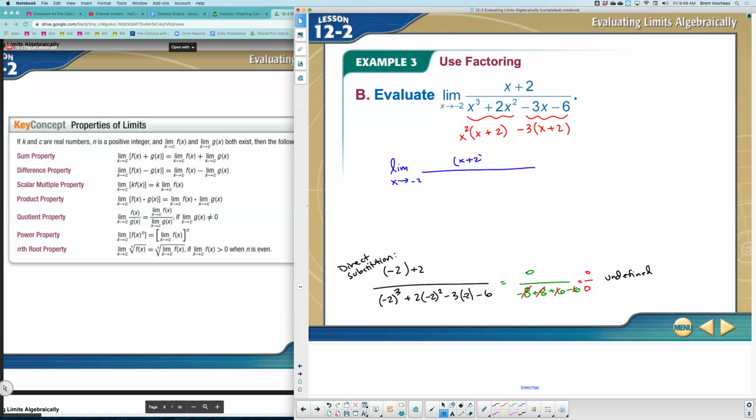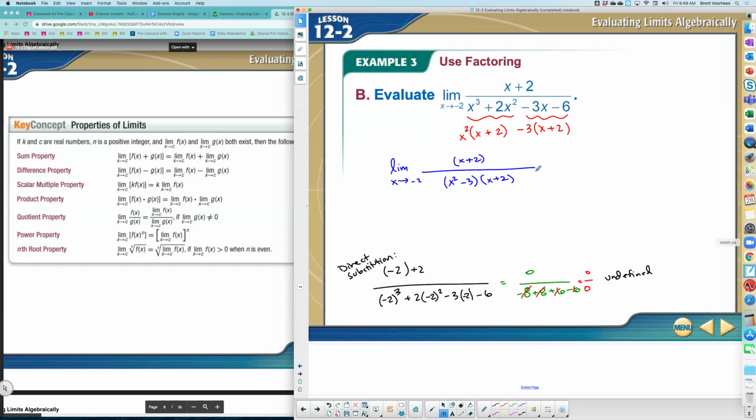I'm going to put it in parentheses for now. Since these are shared, x squared is multiplying x plus 2, and -3 is multiplying x plus 2. Since that's a shared factor there, we could rewrite it as saying the values x squared and -3 are going to multiply, parentheses means multiply, times the factor x plus 2.